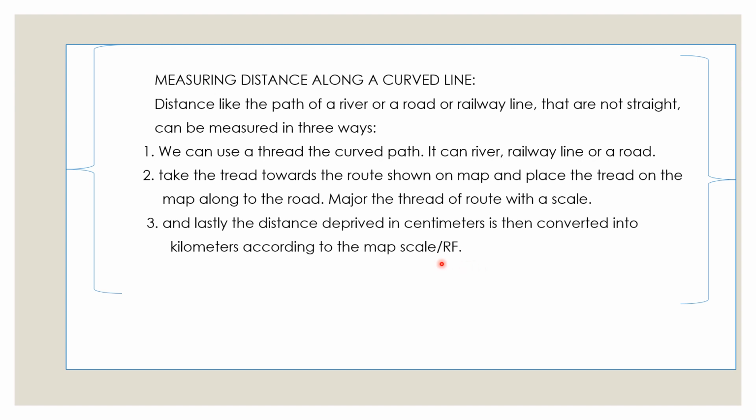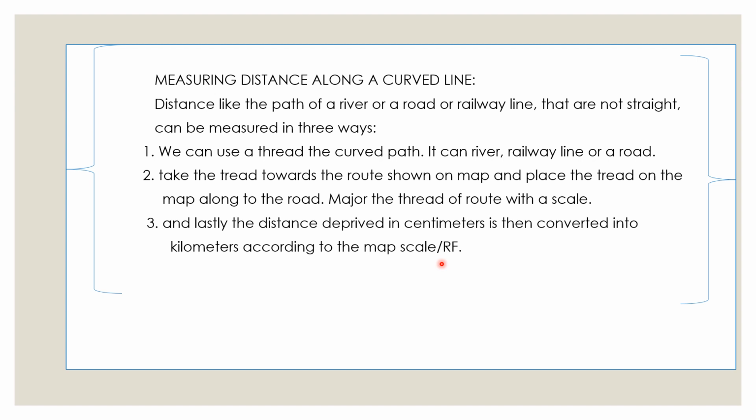So here they have just told us to take a thread, place it on the curved route as per the curves, then take the thread which you measured for the whole route, then measure it with a linear scale, and whatever the centimeters correspond to, say we get 14 centimeters as per the thread.